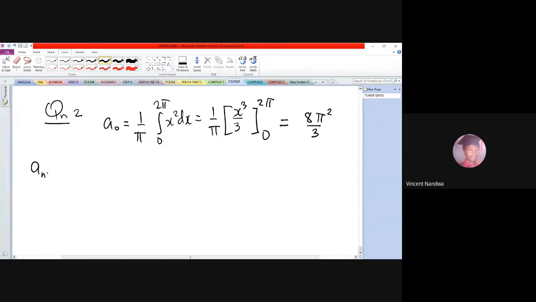And then an will be 1 over pi integral from 0 to 2 pi of x squared cosine nx dx. So here you will use integration by parts twice.